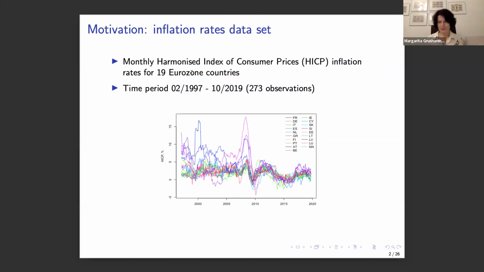As a motivation for this work, we had a data set of inflation rates for 19 Eurozone countries for the time period between February 1997 and October 2019, so 273 observations in total. The inflation rates behave differently during this time period.